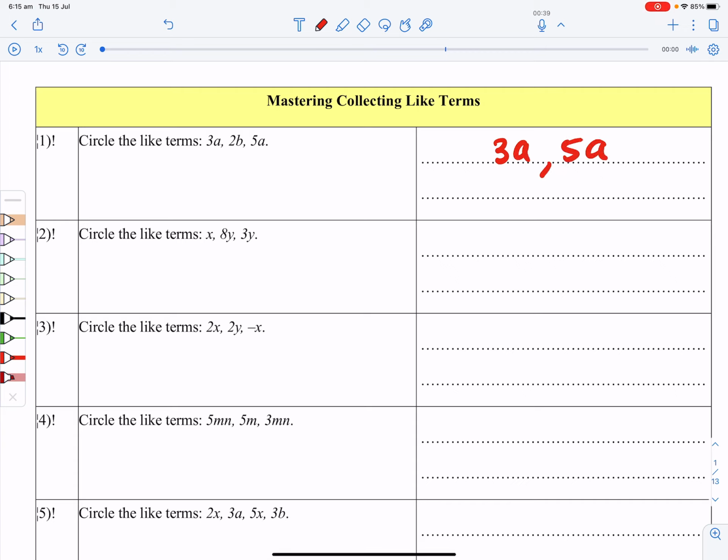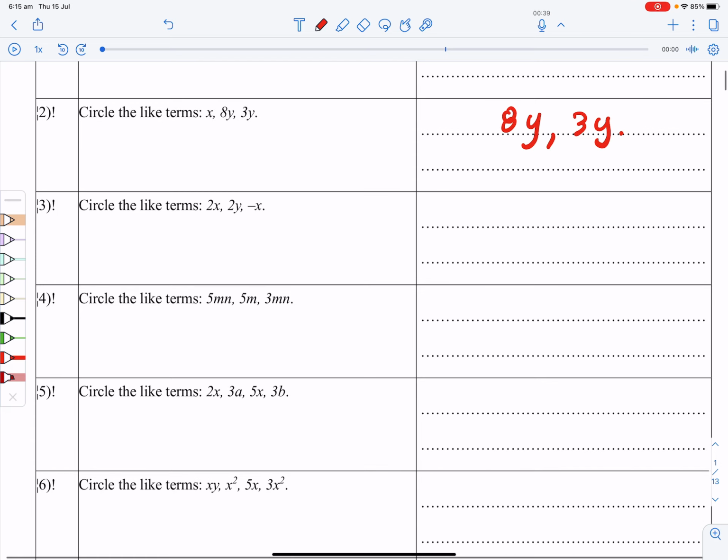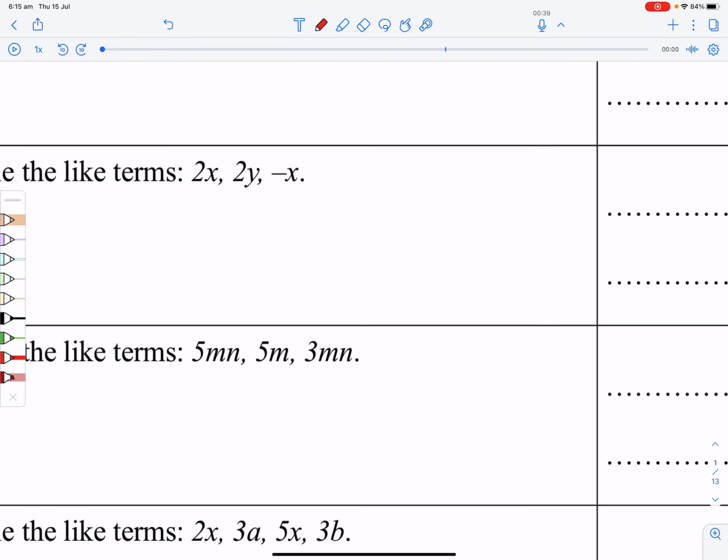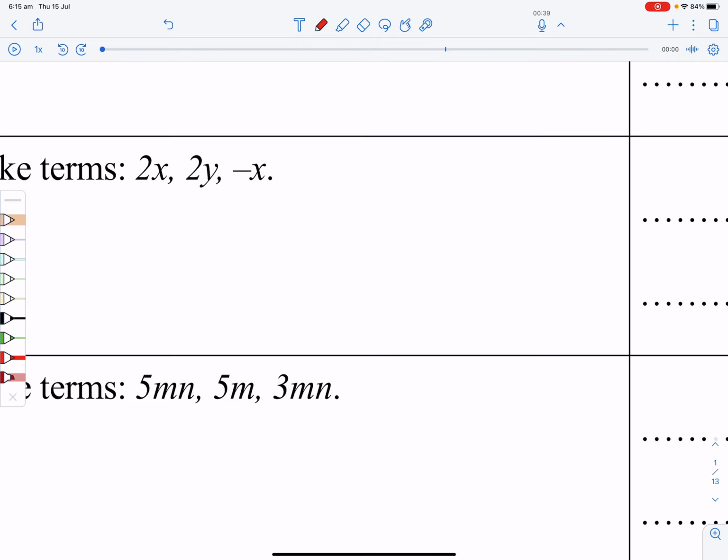Question 2, you've got x, 8y, 3y. So the like terms here are the 8y and the 3y. Question 3, circle the like terms. Again, if you have a look at this carefully, you can see that the first one and the third one.